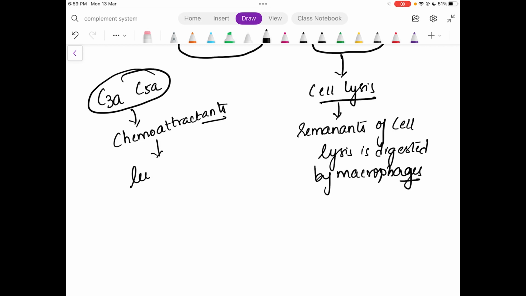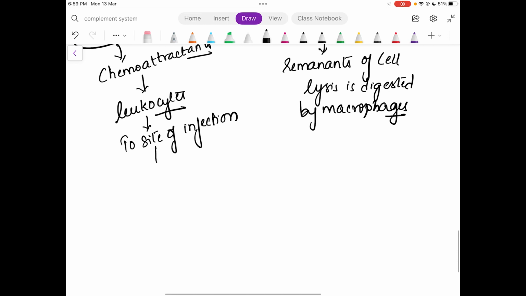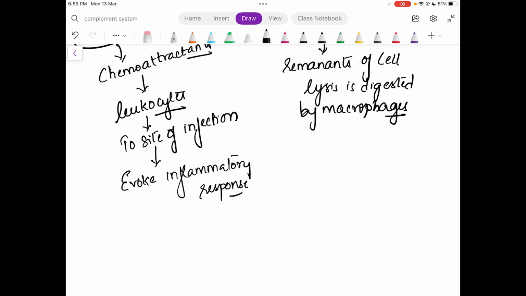They will recruit leukocytes to the site of infection, and evoke an inflammatory response.